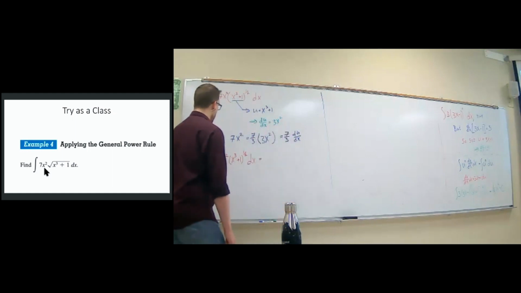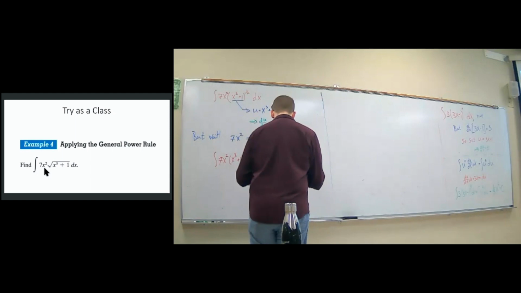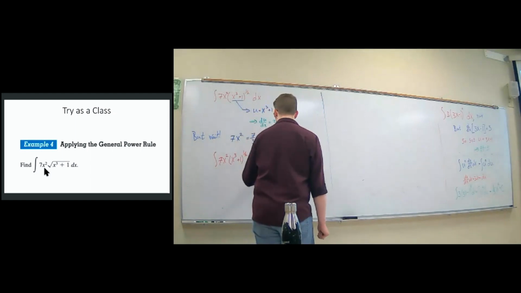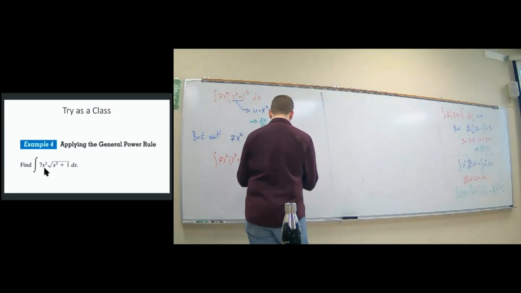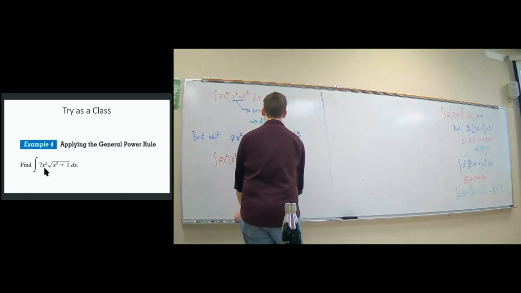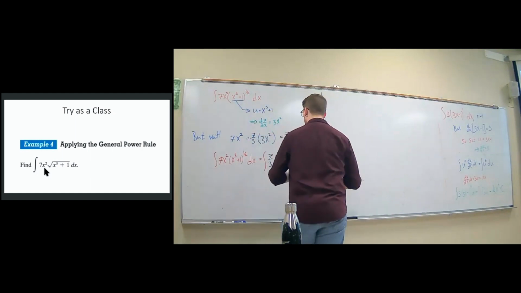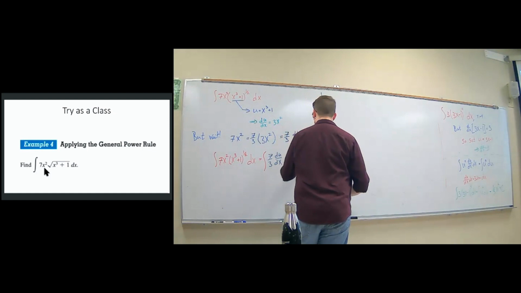That is equal to the integral of 7 over 3 du dx times u raised to the 1/2 times dx, right?